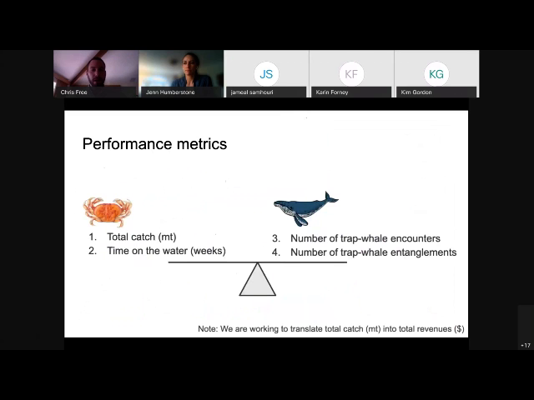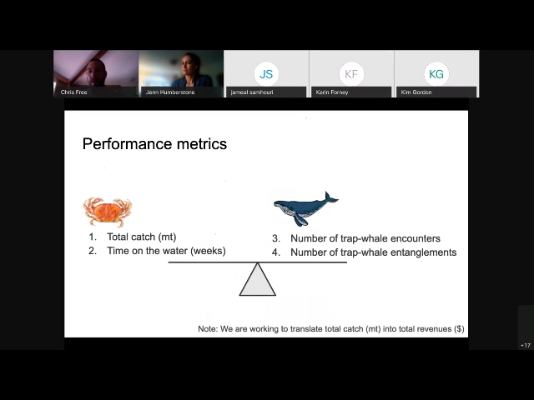And then to measure and compare the performance of different strategies, we are using 4 different performance metrics. We measure the amount of total catch, and we measure the amount of time on the water as a measure of fishing opportunities, and are currently working to translate that total catch into revenues.